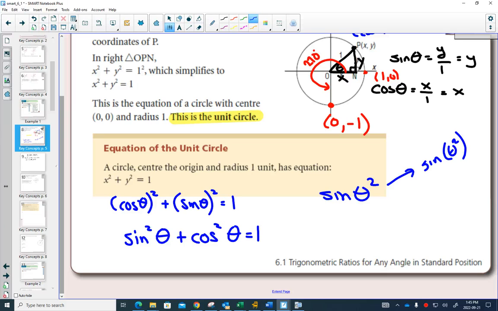So we say sine squared of theta plus cos squared of theta is always equal to 1. This works for any angle as long as the angle is the same. Mental math, 13 degrees. Sine of 13 degrees. Right?